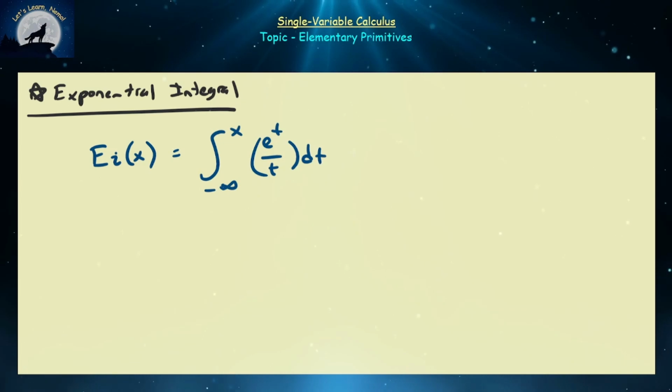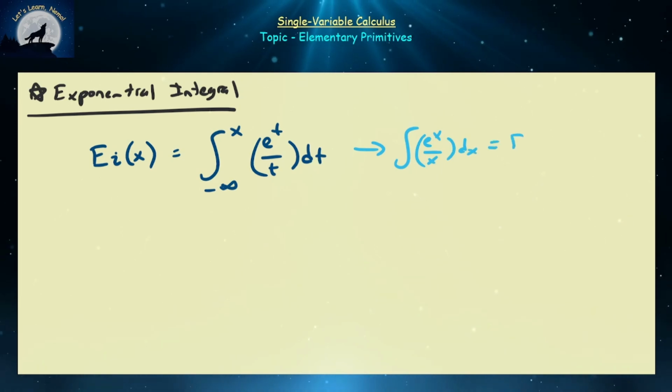So it follows the same notational constructs as the sine integral and potentially the cosine integral, sine x over x and maybe cosine of x over x, but actually it's cosine of x minus 1 over x. But it has this function over just x. So this doesn't have an elementary primitive, and hence its definition. So if I ask what is the integral of e to the x over x dx, you'd say, oh, that's just the exponential integral plus c.